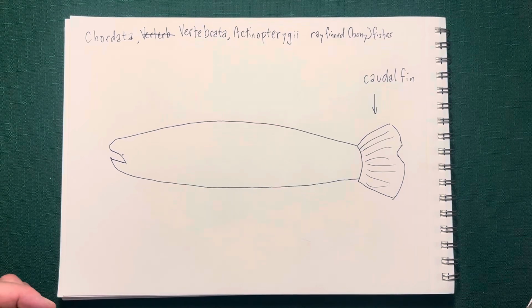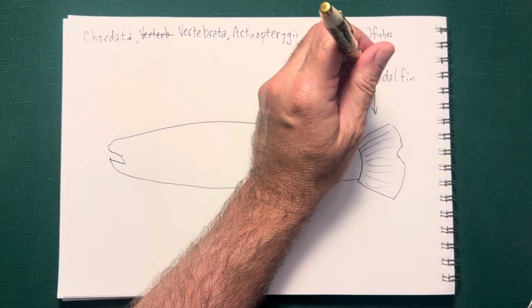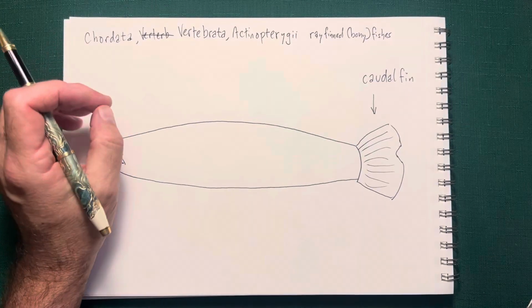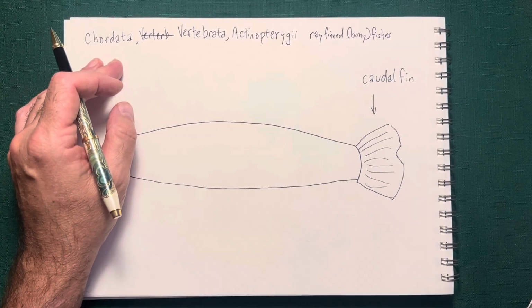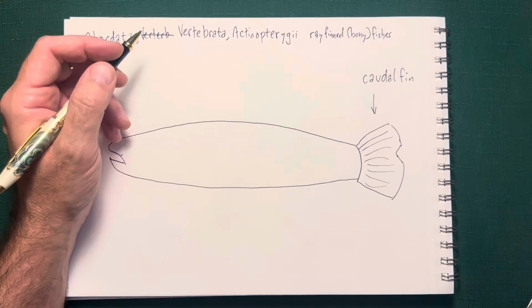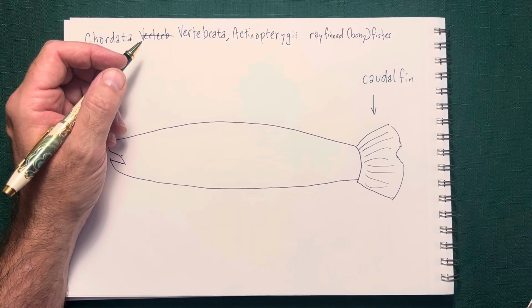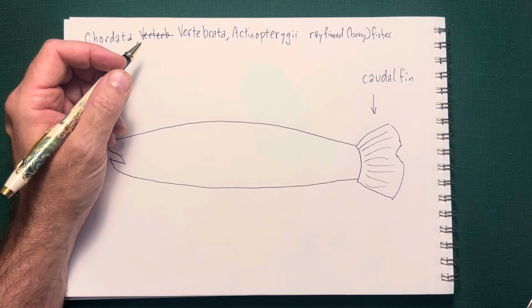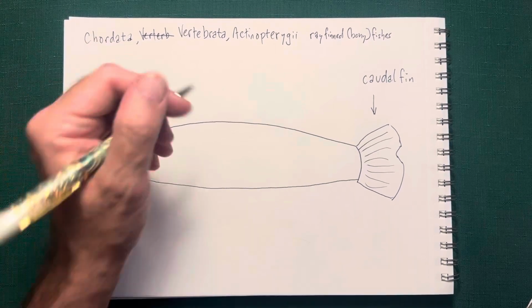Uro is the Greek word root that means tail. Cauda, this word root here, is the Latin word root that means tail. So we see that here, and we're also going to see that when we get into the amphibians. The amphibians that have tails are in an order called Caudata.